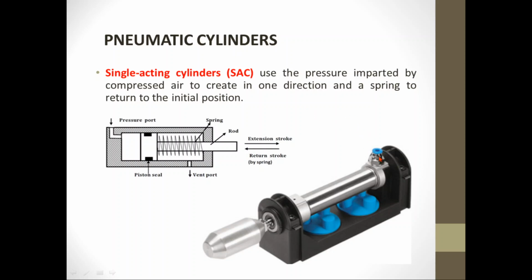The pressure coming from the air will push the piston rod to the extended position. Take note, the pressure of the air must be greater than the pressure created by the spring in order for the rod to extend.